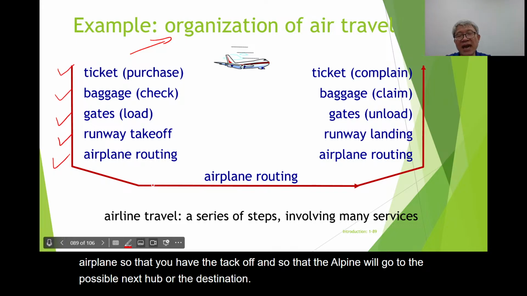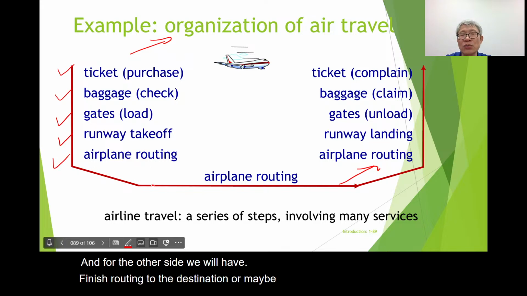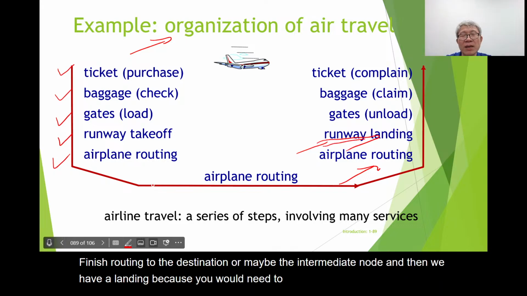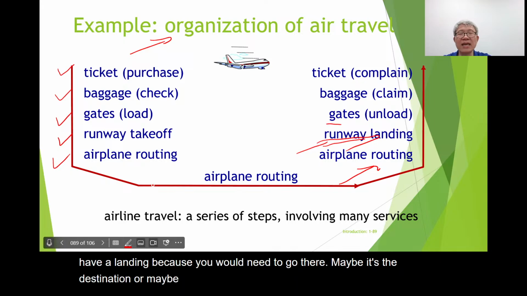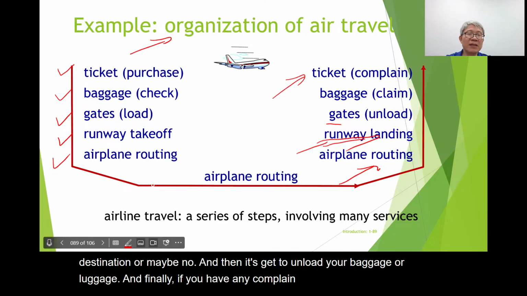And for the other side, we will have finished routing to the destination or maybe the intermediate node. And then we have a landing because we need to go there. Maybe it's the destination or maybe not. And then you get to unload your baggage or luggage. And finally, if you have any complaint, then you will have the stage of a complaint.